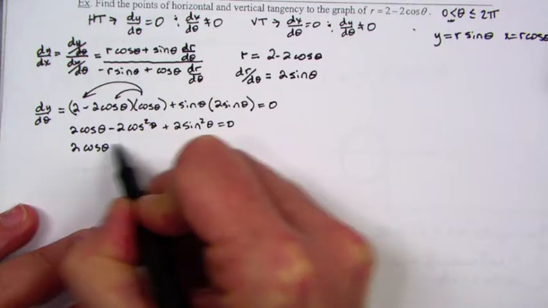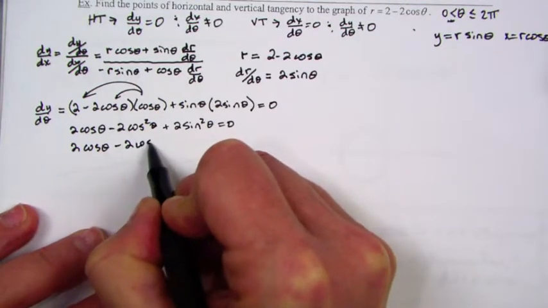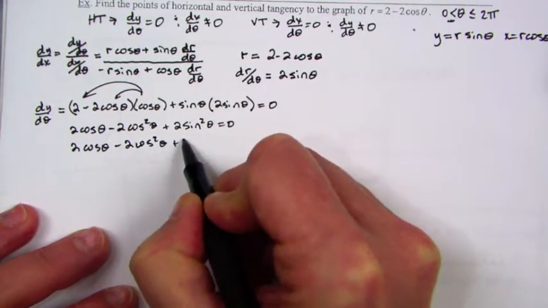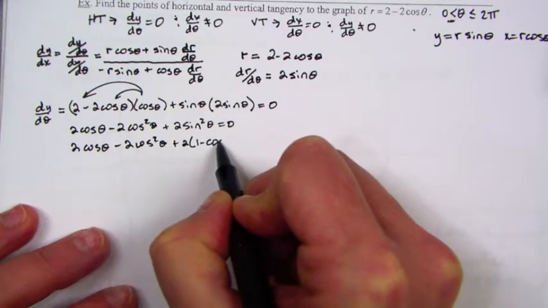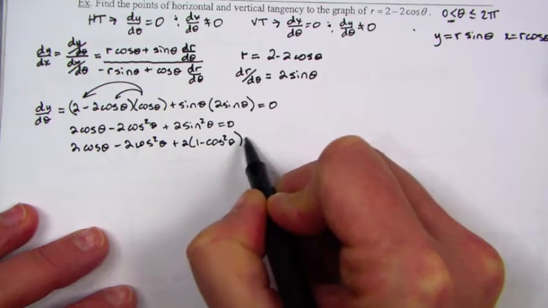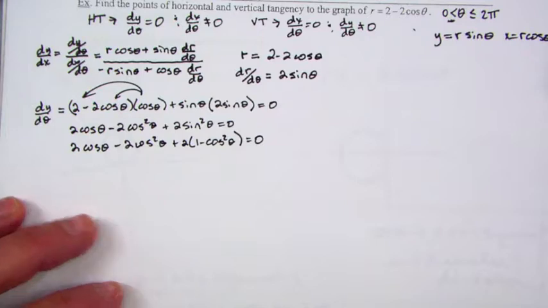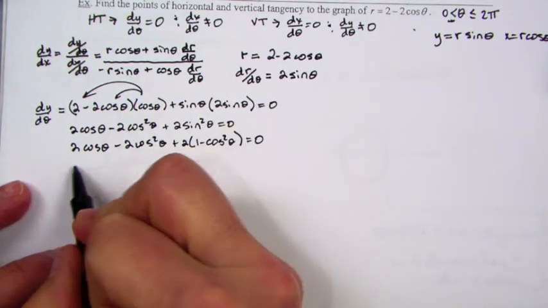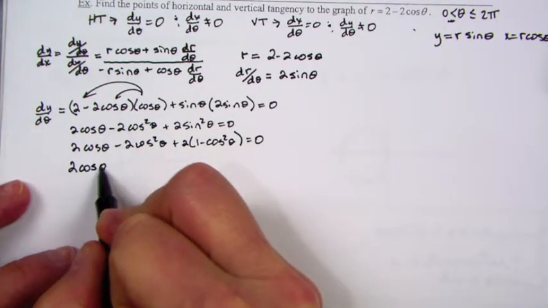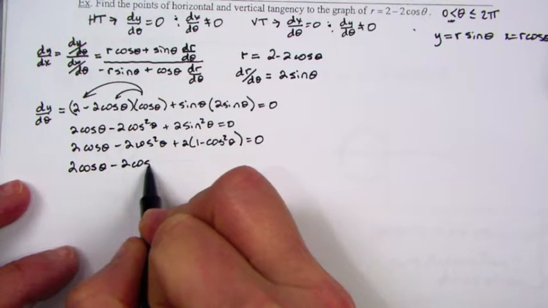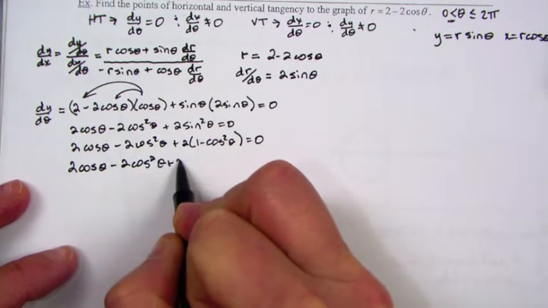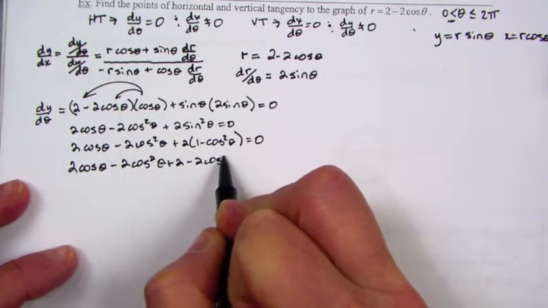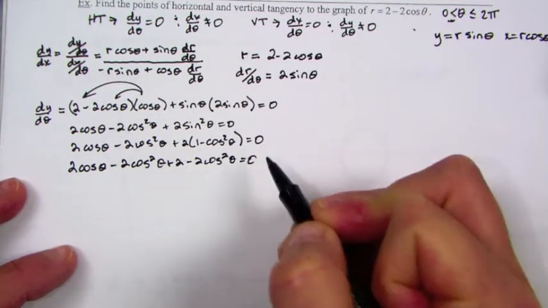So I'm going to have 2 cosine theta minus 2 cosine squared theta plus 2 times 1 minus cosine squared theta, still equal to 0. I'll distribute: 2 cosine theta minus 2 cosine squared theta plus 2 minus 2 cosine squared theta is equal to 0.